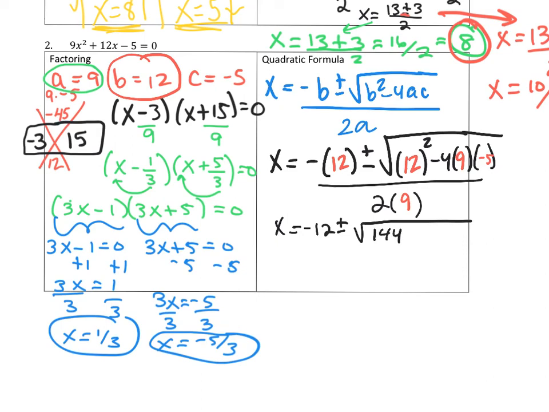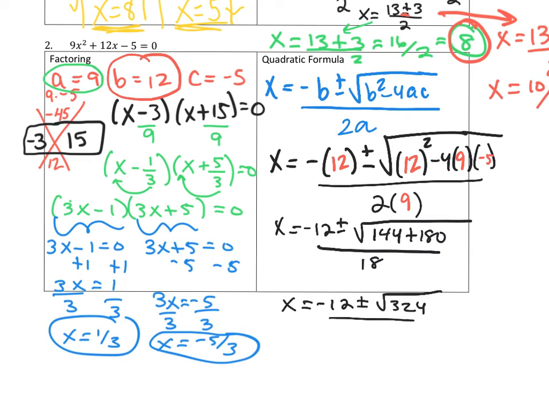And then when we have -4 times 9 times -5, we're going to get positive 180. 2 times 9 is 18. So 144 plus 180 is 324. And then the square root of 324 is 18. So we would have -12 plus or minus 18 all over 18.